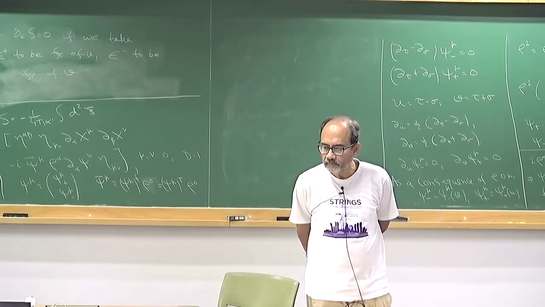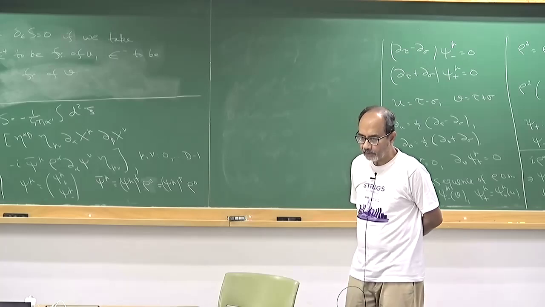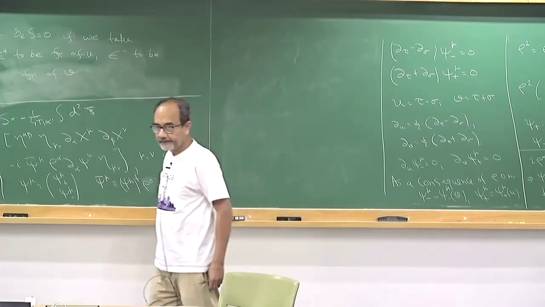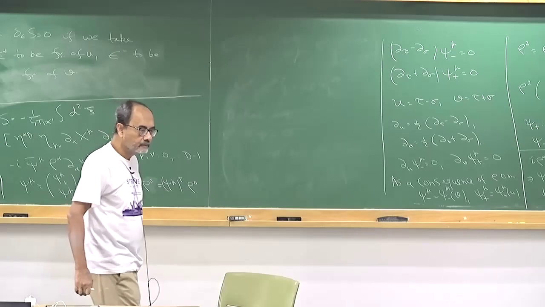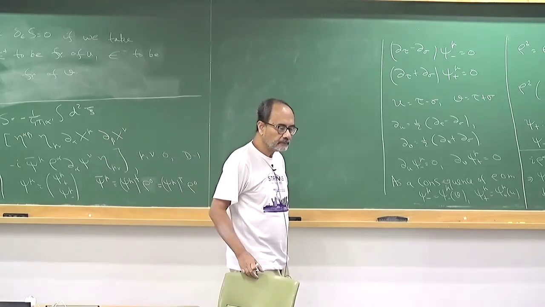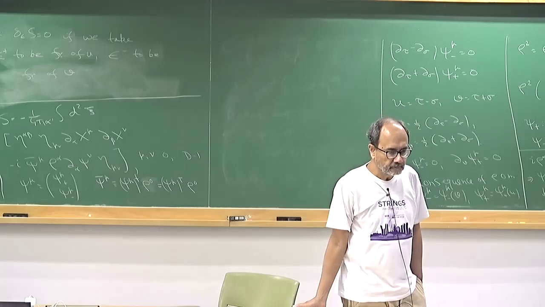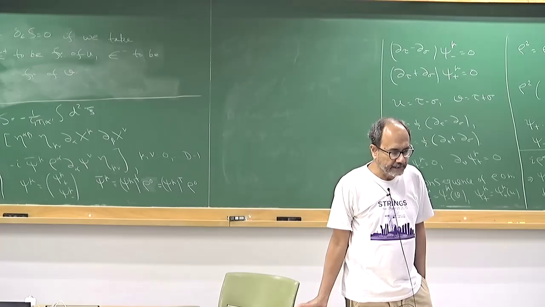So the general worldsheet symmetry is a combination of this and that. These are symmetries and those are also symmetries. This will make it into a super-Virasoro algebra. So far we have not talked about Virasoro or super-Virasoro, but this is indeed going to make it into a super-Virasoro algebra.